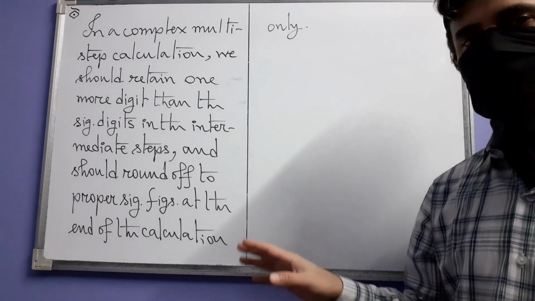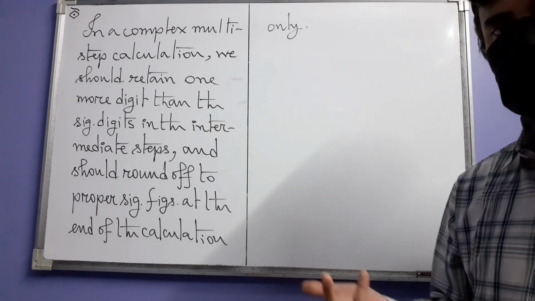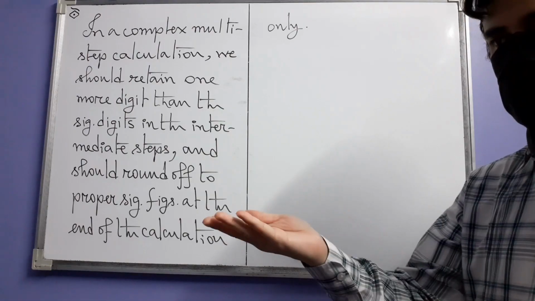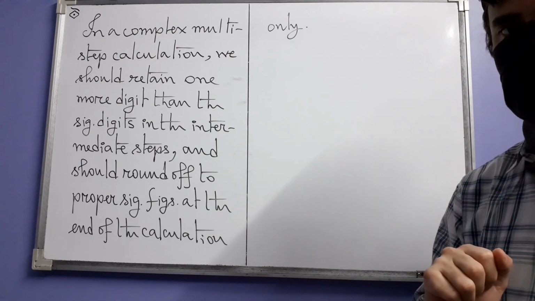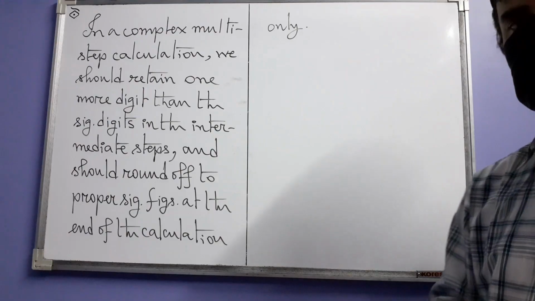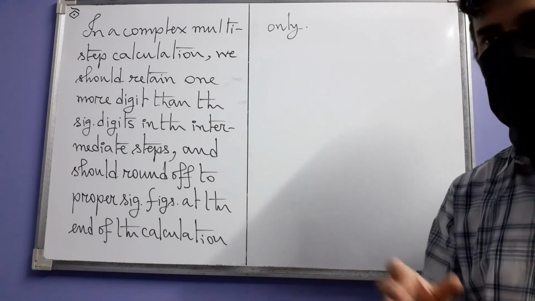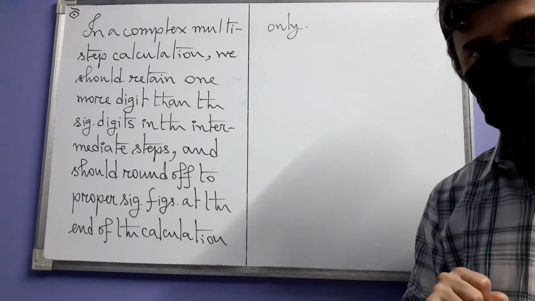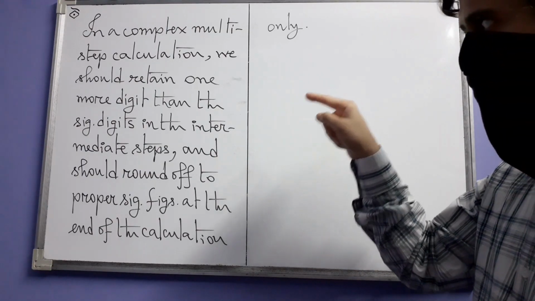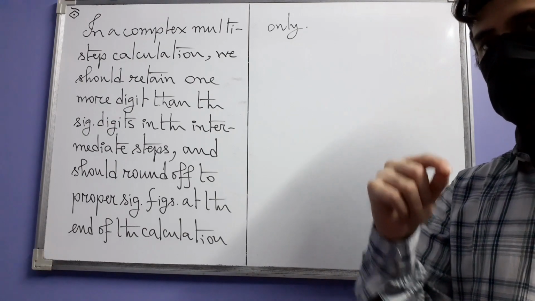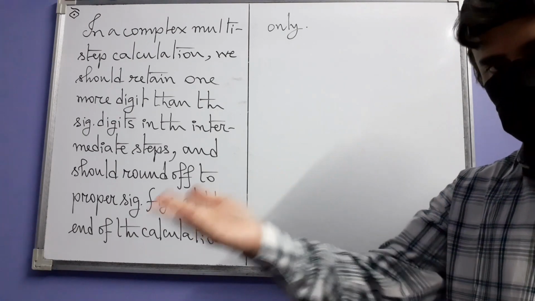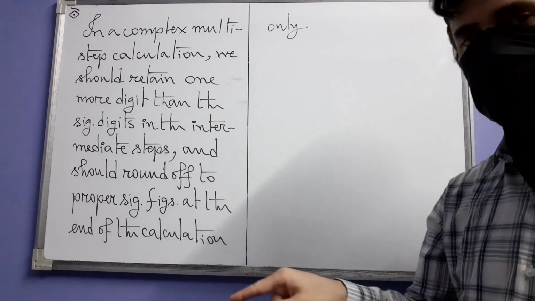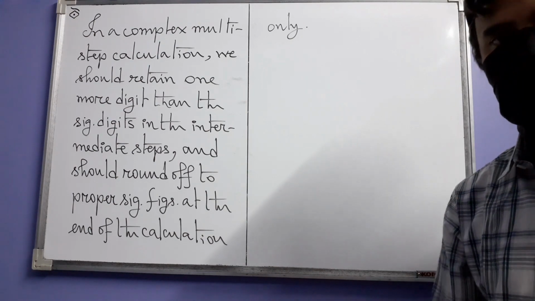This is another thing that has to be kept in mind when working with approximate quantities, that you should not do that rounding off in the intermediate step of a calculation. Say you are doing a complex calculation which has many steps and you are using these approximate quantities. You use them fully and you should keep at least one digit more than the significant digits in your calculation, and only when you reach the end of the calculation should you do the rounding off.